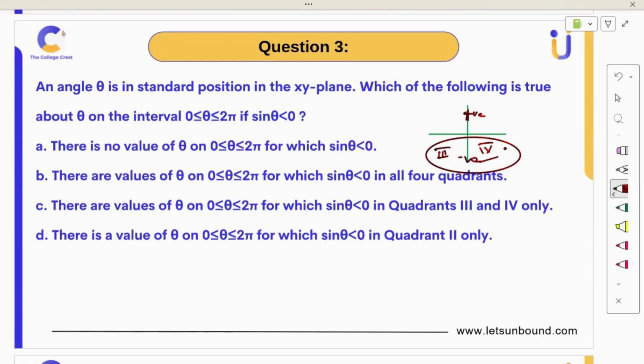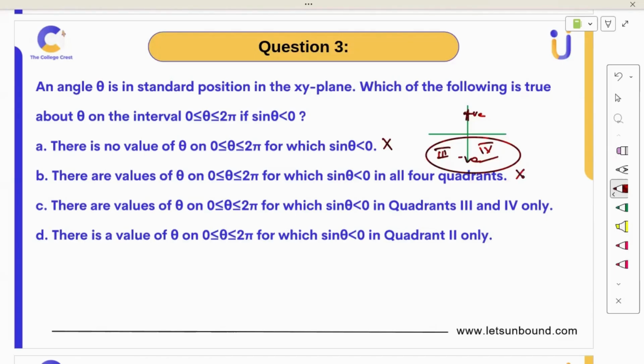Okay, so first statement. There is no value of theta on 0 to 2 pi for which sine theta is less than 0. No, there are some values in the third and fourth quadrants, whichever values come up, they will have sine theta less than 0. So this statement is not correct. There are values of theta for which sine theta is less than 0 in all four quadrants. No, sine theta is positive in first quadrant and second quadrant. They are telling it's negative in all quadrants.